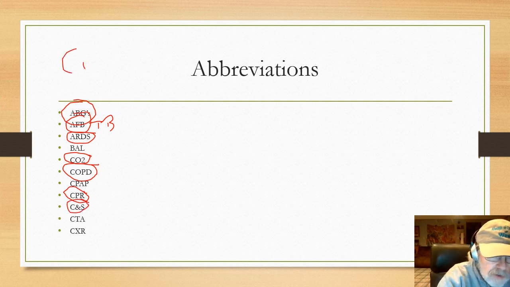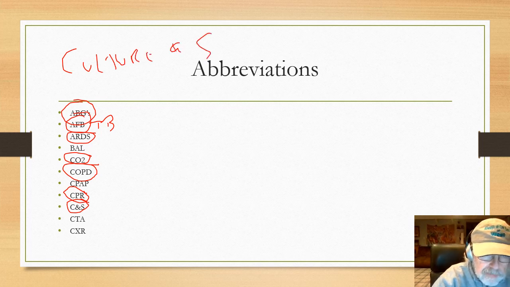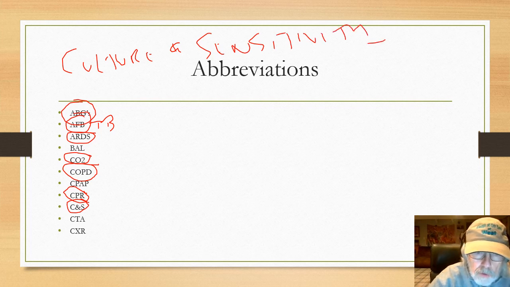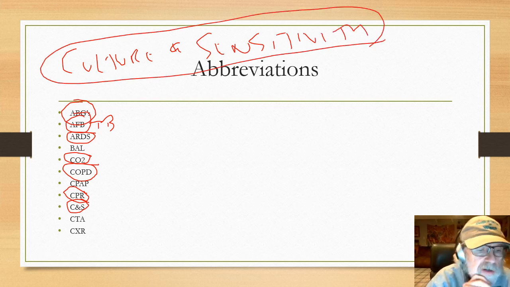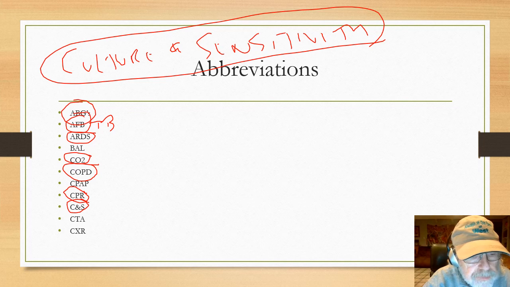This one right here, CNS, stands for culture and sensitivity, which means that if somebody has an infection, they take a little bit of pus and put it on a plate and grow it to see what the bacteria is that's causing the infection.